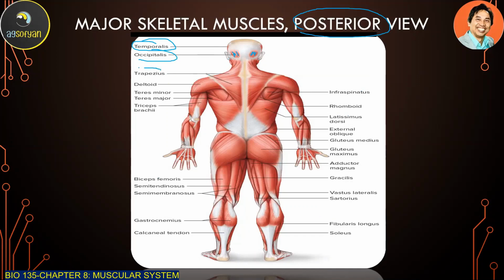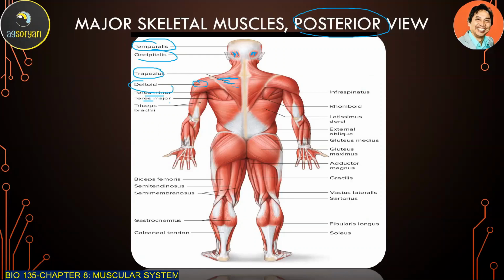Trapezius muscle, we already saw it also from the front, some of it. So this is on the back. This is also the muscle that will help to move our shoulder when we perform circumduction, abduction. Deltoid muscle, we already saw it from the front also.